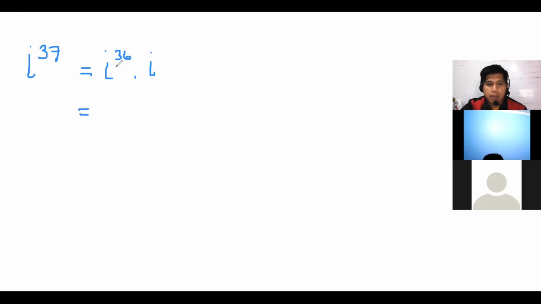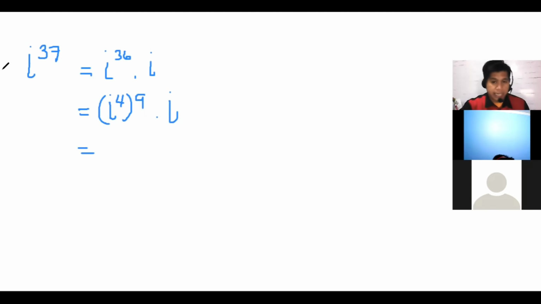Then think of the possible factors of 36. So that is i raised to 4 times 9, right? 4 times 9 is 36, times your i. Going back to the previous page that we have, i raised to the 4th is equal to positive 1. Correct? i raised to the 4th is equal to positive 1.